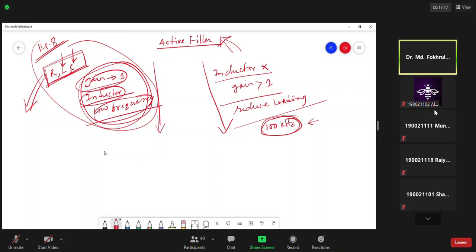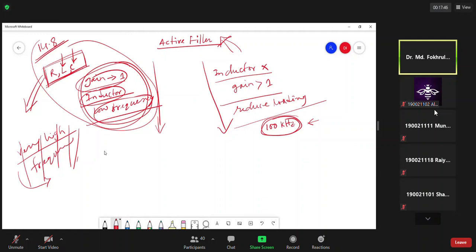Then how can we filter in very high frequency? In very high frequency, there is another passive filter called the distributed parameter passive filter. That one is not of our concern, but keep in mind that another kind of filter is also available.